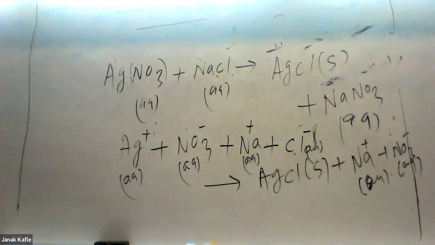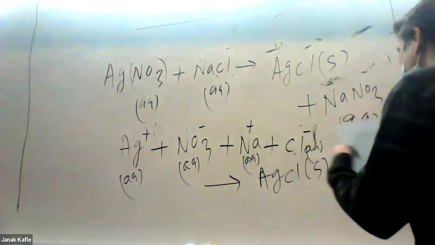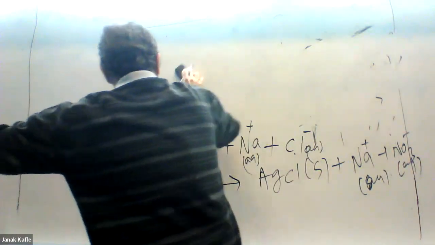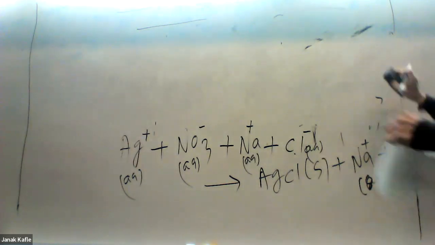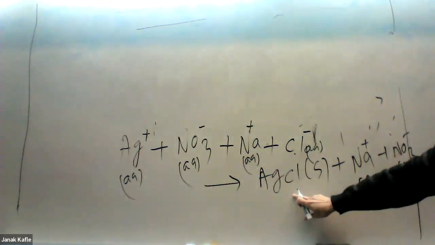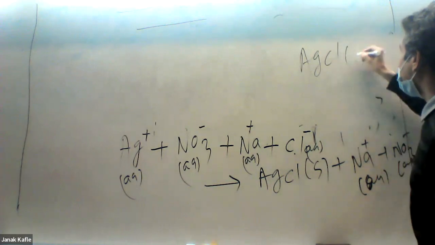So now, from this full ionic equation, what you can do is, so molecular one, now full ionic equation. From this full ionic equation, only find what is solid. So solid is this one, right? AgCl is solid. So I just write that solid here, not other things. AgCl solid.